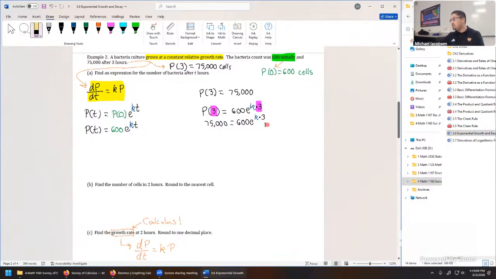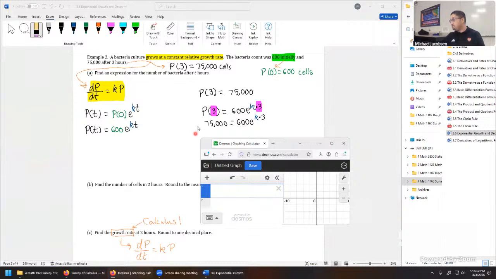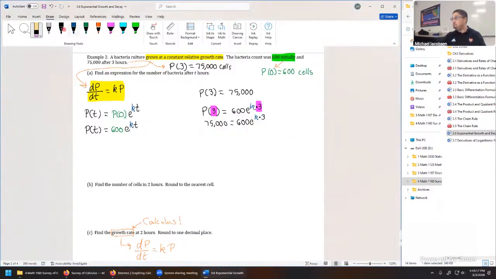Well, if we're going to solve for this, first thing we want to do is isolate the exponential function. So let's take 75,000, divide by 600. We get exactly 125. So 125 equals e to the power of 3 times k.